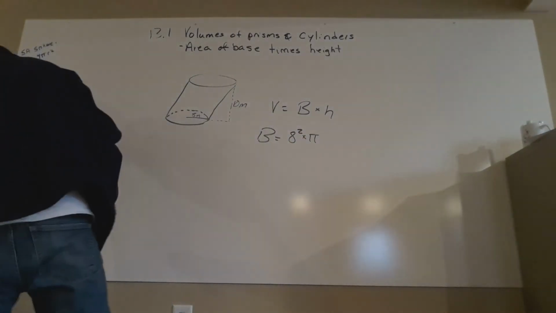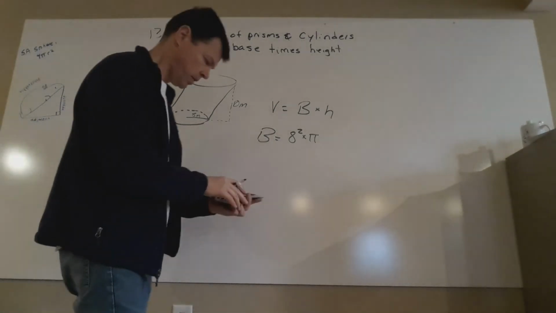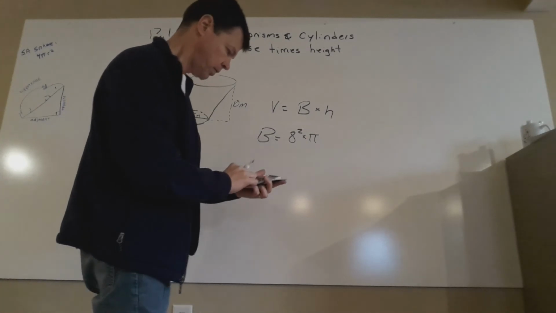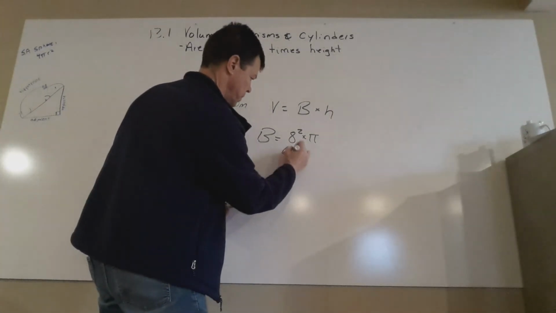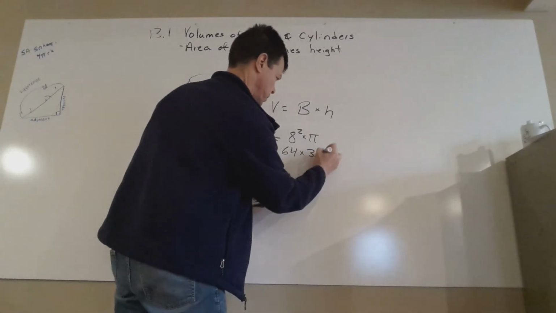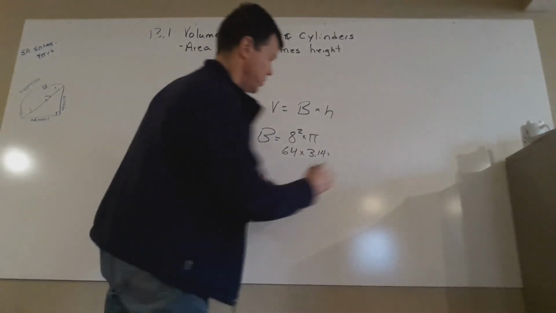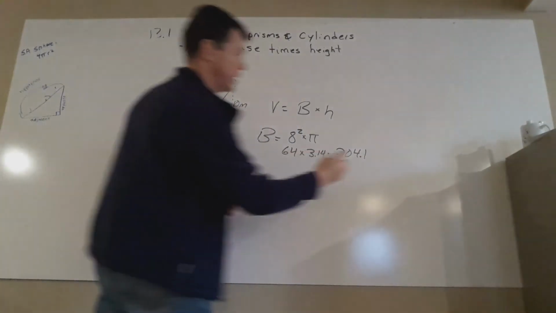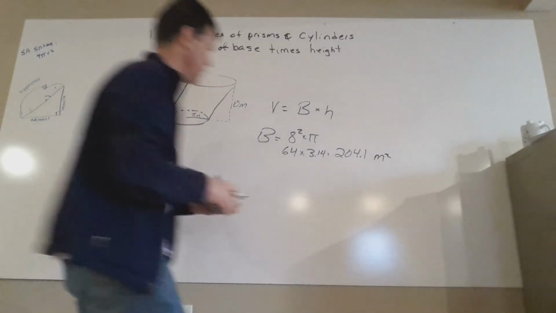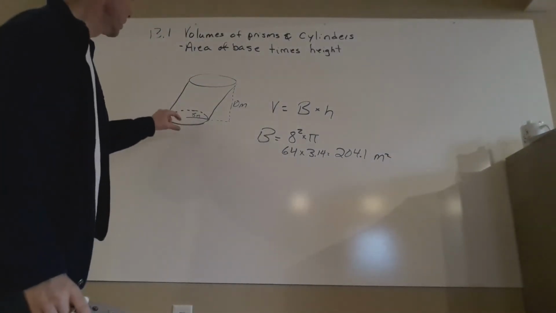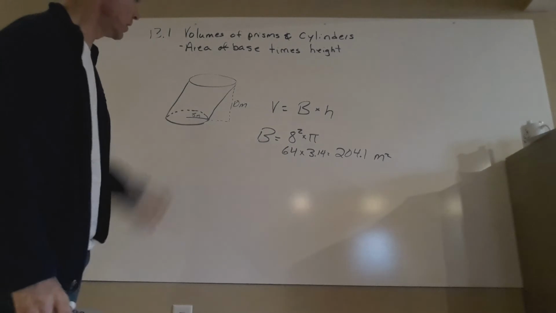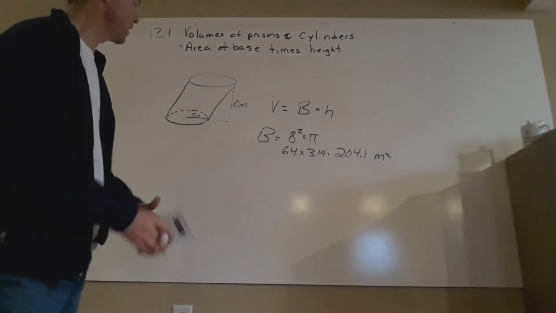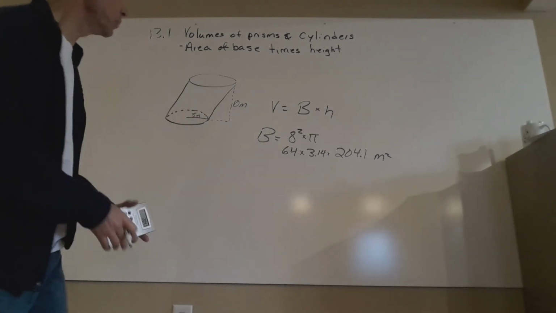So 64 times pi, 3.14. And that's meters squared. That's the size in terms of area for our circle. The height of this leaning can, this oblique can, is 10 meters.